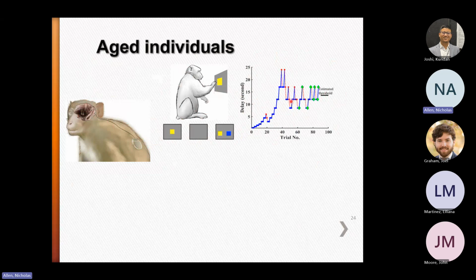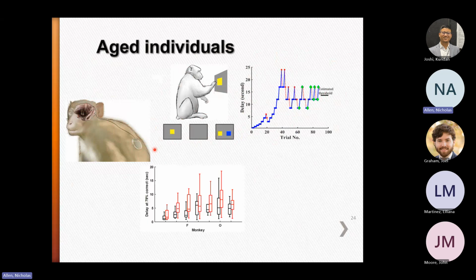So we applied this stimulation in over 8 monkeys, and saw a highly significant group effect and an individual effect in almost all the animals that improved their performance.